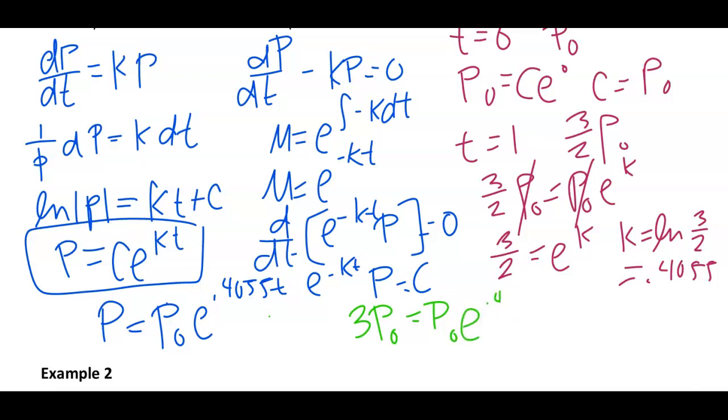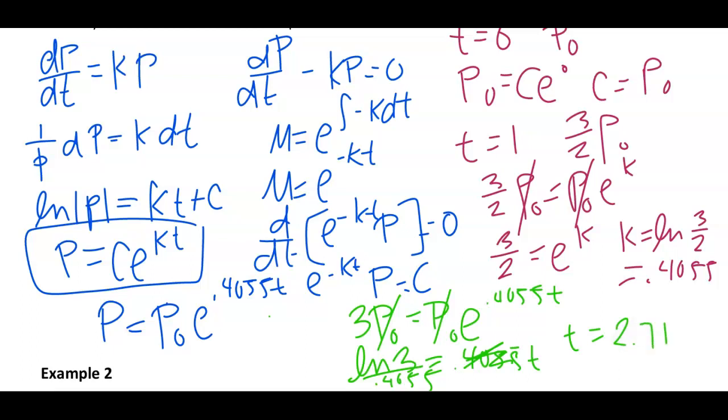And now I'm trying to solve this for time. So these would cancel. I would have the natural log of 3 equals 0.4055t. And then I could divide this over, and I get that the time is going to be about 2.71 hours.